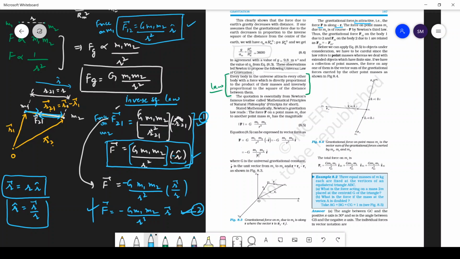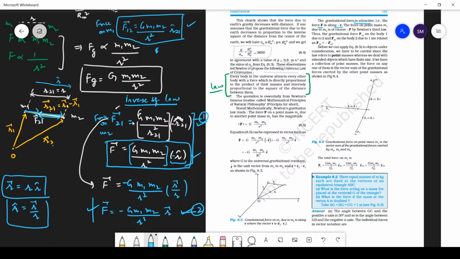If you are writing 2 1 here, you will be writing 2 1 there also. If I am writing 1 2 here and I am writing it in terms of 2 1, they are in the same direction.